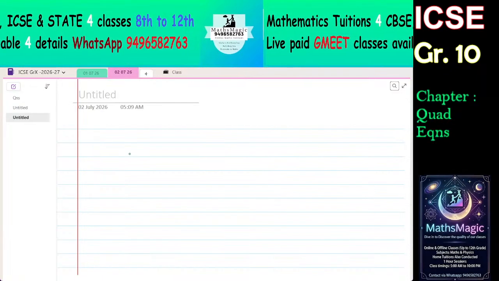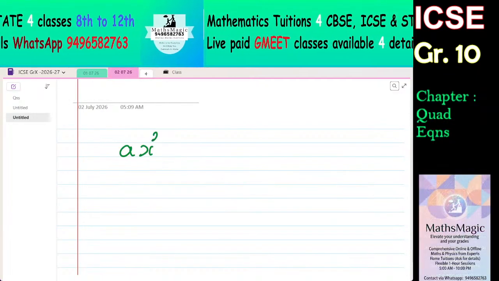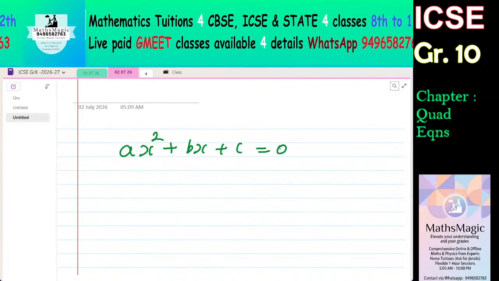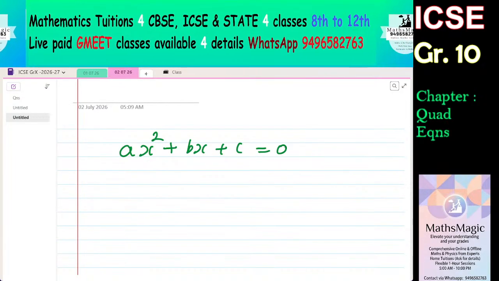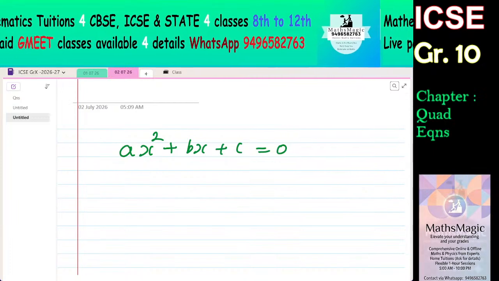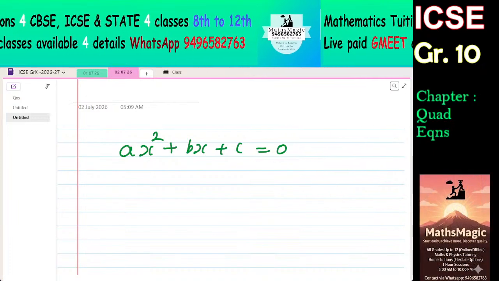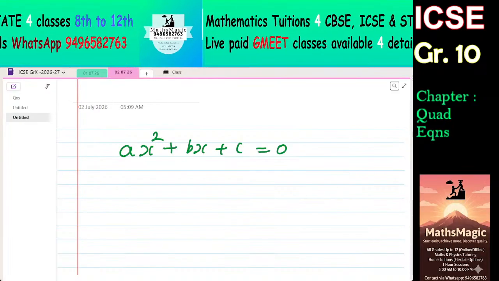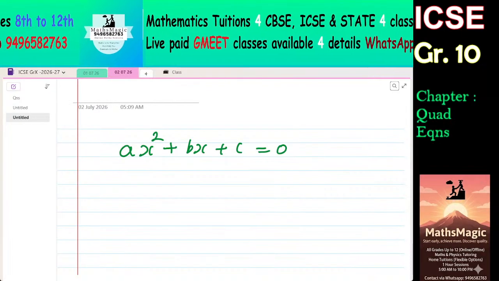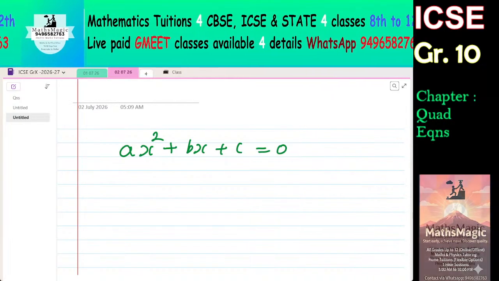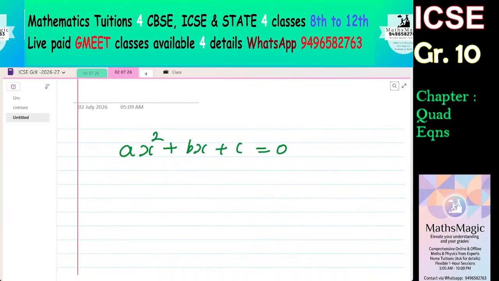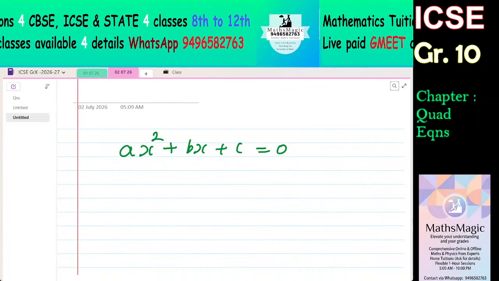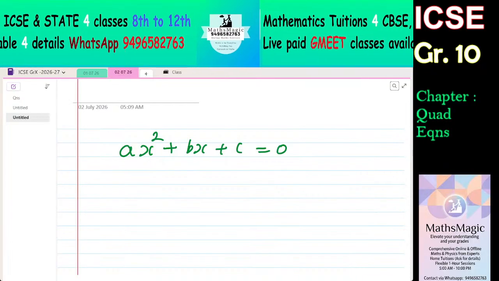So for a quadratic equation, ax squared plus bx plus c equal to 0, what is the formula for finding the sum of the roots and product of roots? Do you remember that? Take your formula book, it's there in the formula book. Try to find it out.